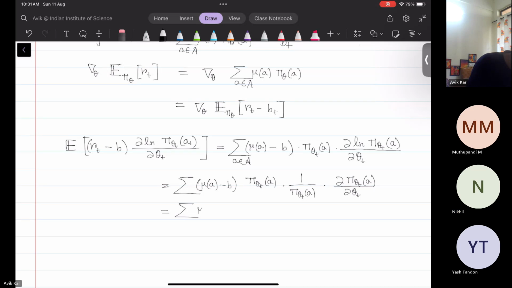You can separately write these two things: the summation of mu A times the gradient of pi theta A, and B you can write outside, times the summation of the gradient of pi theta A.